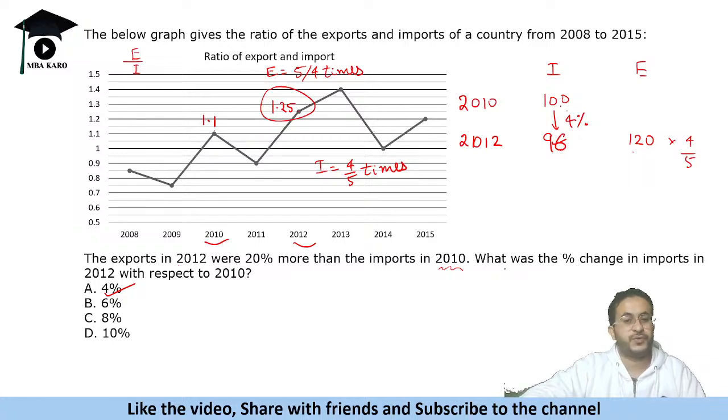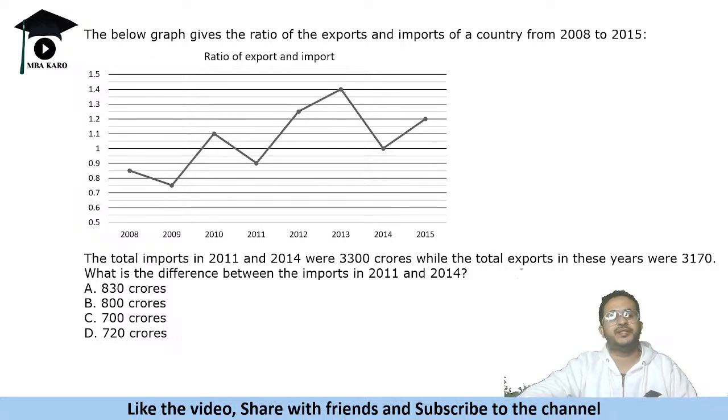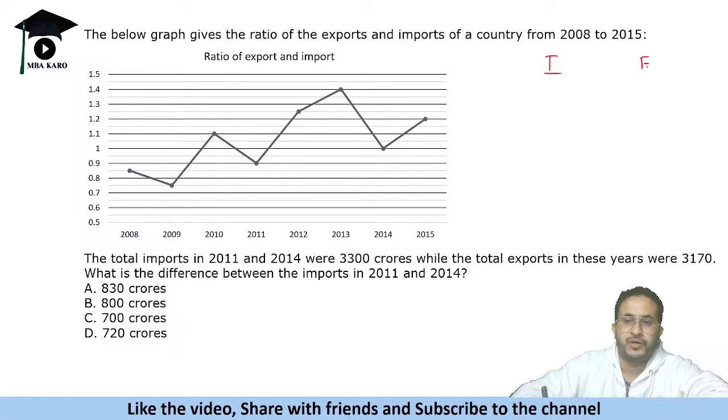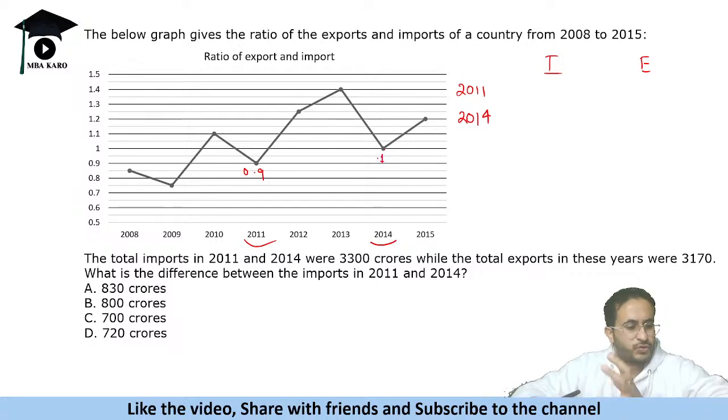Alright, so let's look at the next question. Try to answer it based on these things that we've just done. Now, in this particular question, we are given total imports and total exports for 2 years. So you may have to form equations and solve it. So again, import और export ले लो. 2014. This is 0.9 and 2014 it is 1. So basically, import is equal to export.